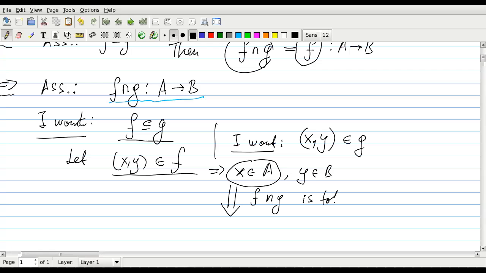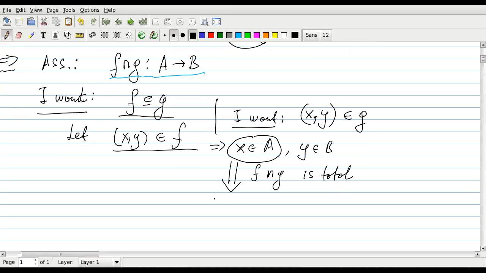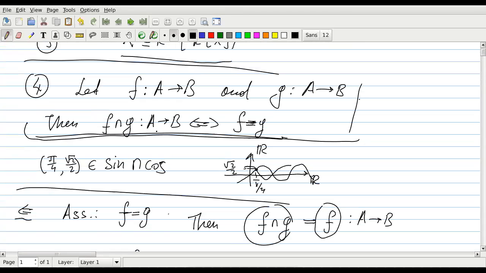The intersection is total, so then both functions are total, by the assumption.